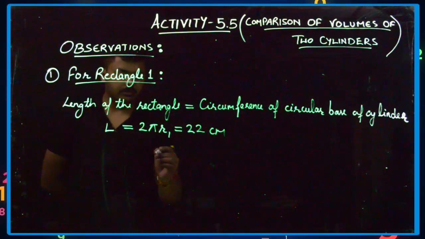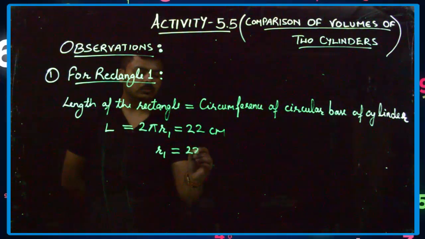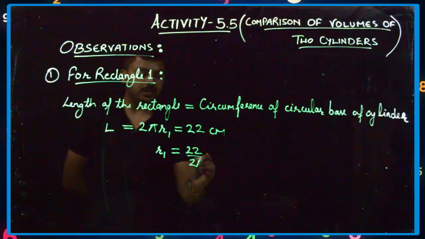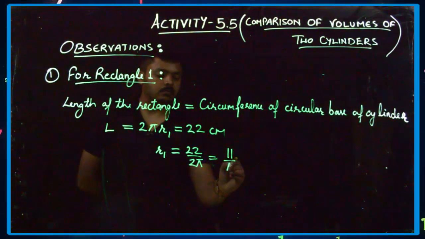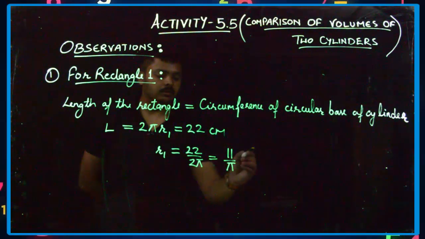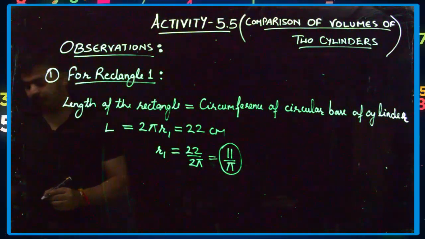So from here R1 is equal to 22 upon 2 pi equals 11 upon pi. In this way we have got R1.